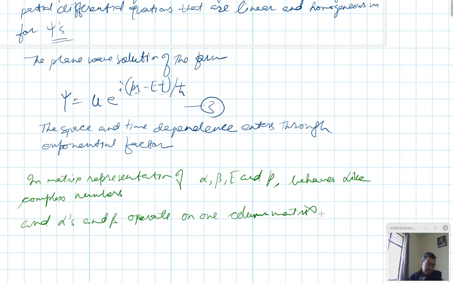That means alpha and beta operate over u, which is a column matrix, and we call this u a spinor, right?